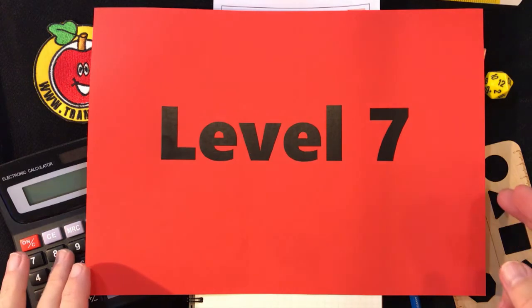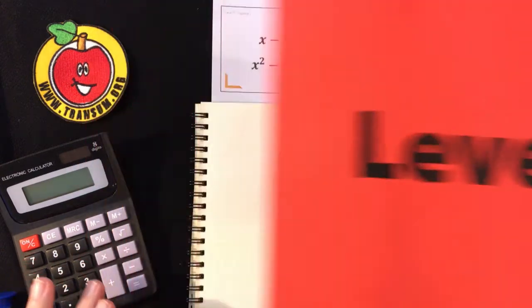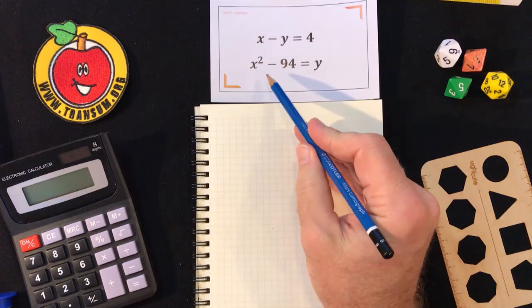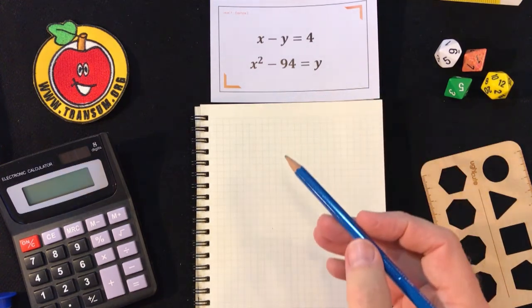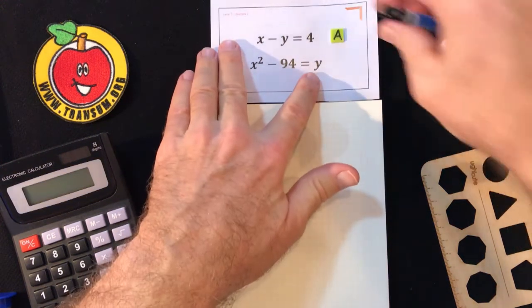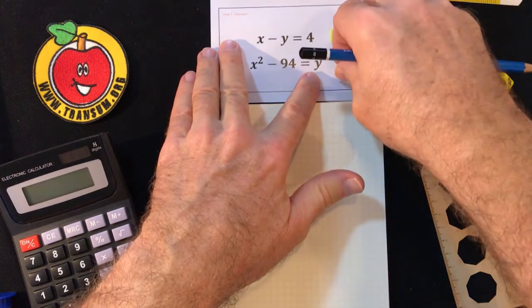And finally we get to level 7, where we have one quadratic equation as our pair of equations. So let's not be put off by that. Let's do what we've done in all the previous levels.